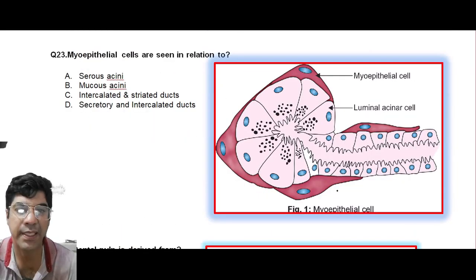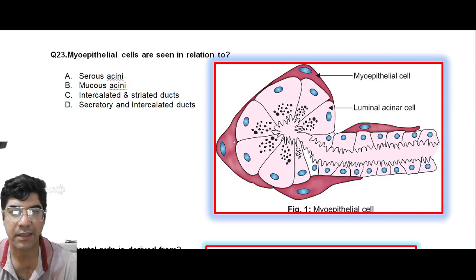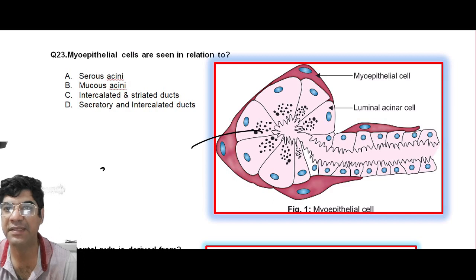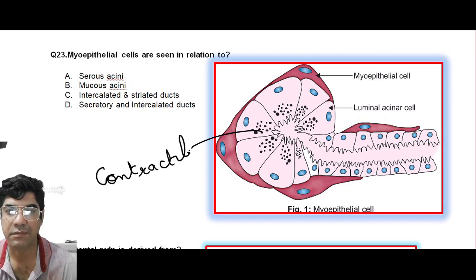The myoepithelial cells are seen in relation to secretory acini and intercalated ducts. Myoepithelial cells are the contractile cells associated with salivary glands.